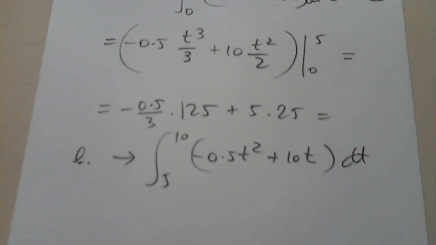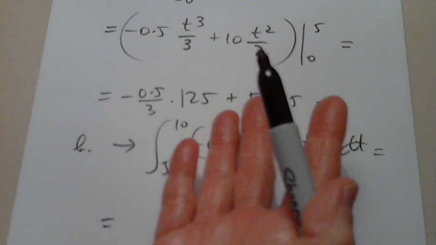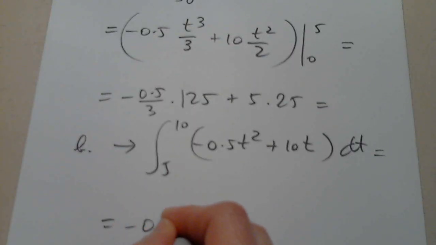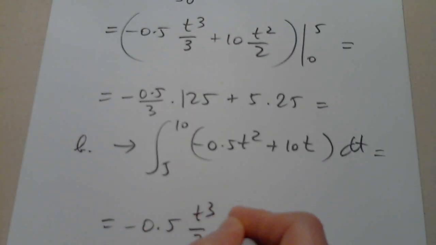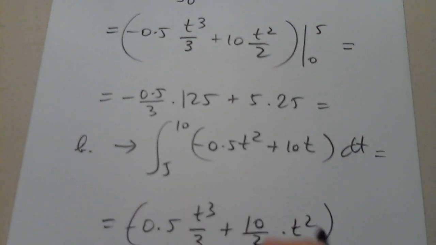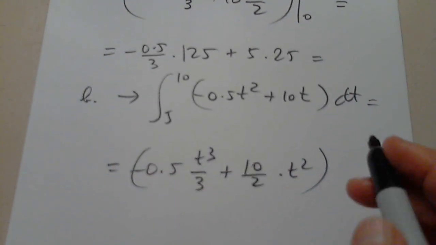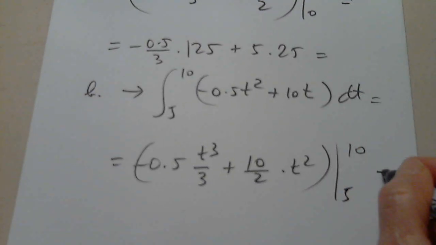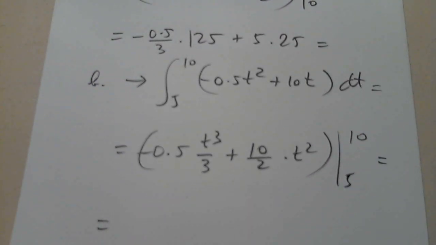It's the same function. Nothing changes. Negative 0.5 t to the third over 3 plus 10 t squared over 2, but this time is slightly more difficult because I have from 5 to 10. So I have to plug in 10, and then I have to subtract when I plug in 5.